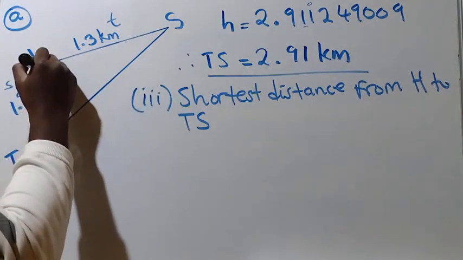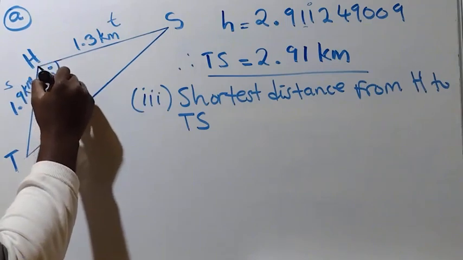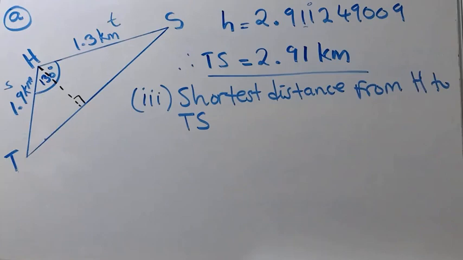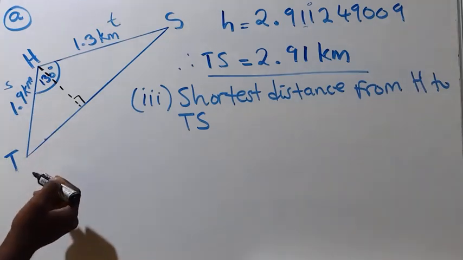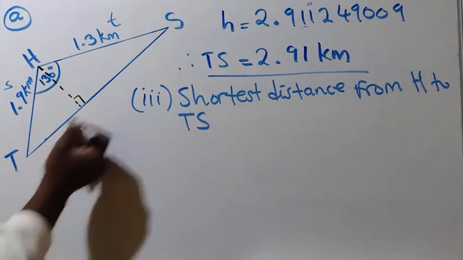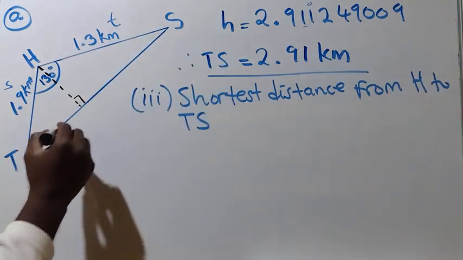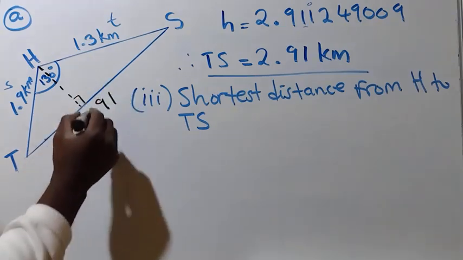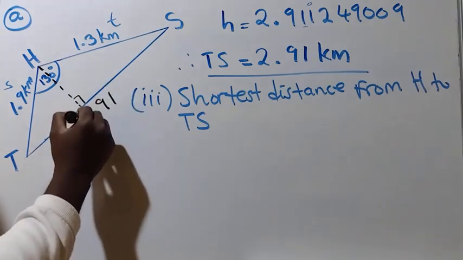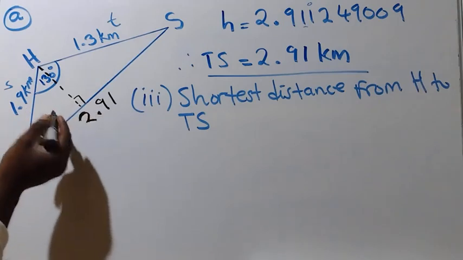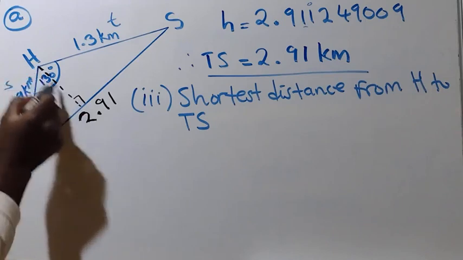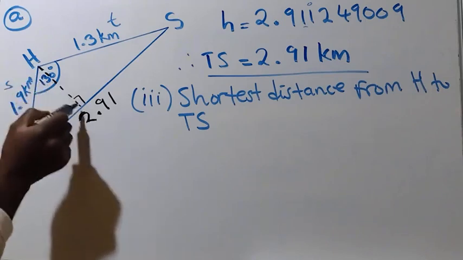So this is the shortest distance that they are talking about. Once you do this, you are going to have a right angle there. Now, TS, you have the distance, which is 2.91. This is the distance of TS. So this shortest distance from H is the one that they want.